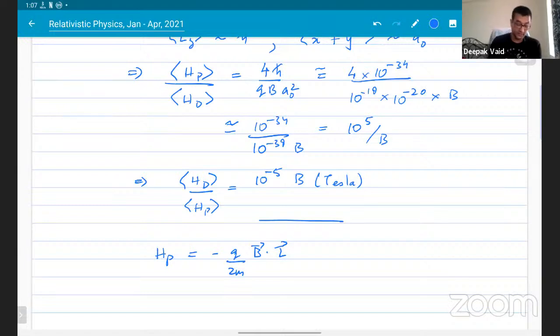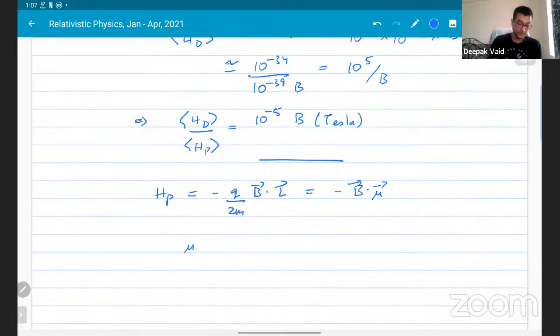And we can write this as minus B dot mu, where mu is the magnetic dipole moment operator, which is Q by 2m.